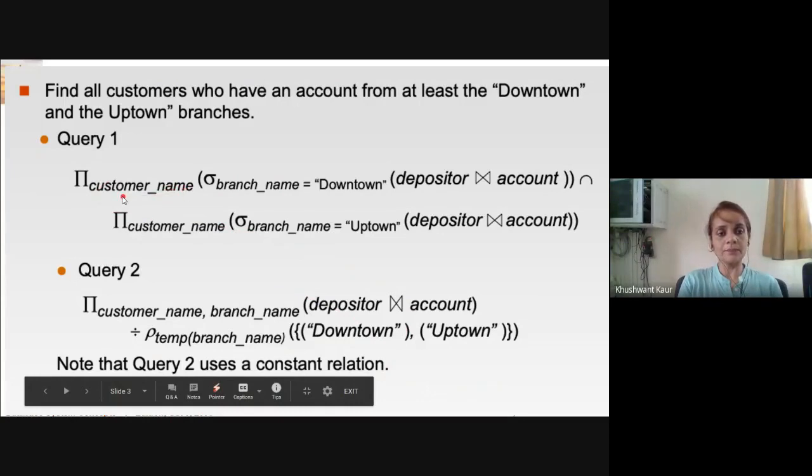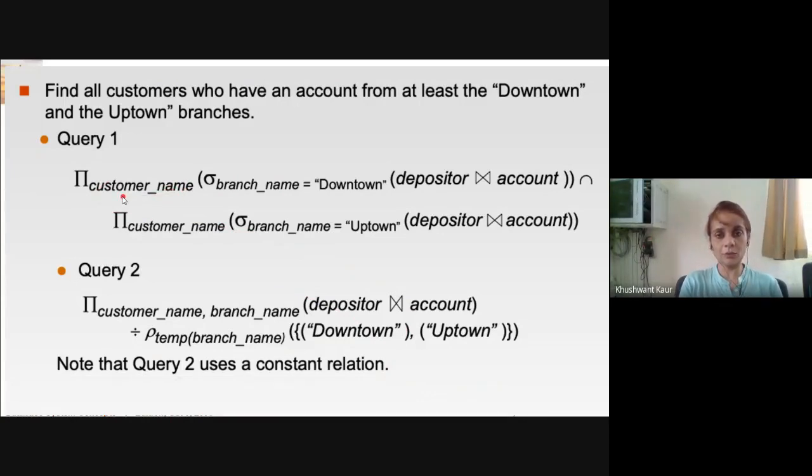The first query is the simplest method to write this. We put a natural join between depositor and account, and then apply the condition on the resultant tuples of these two tables. We select the branch name downtown, and from that retrieve the customers.